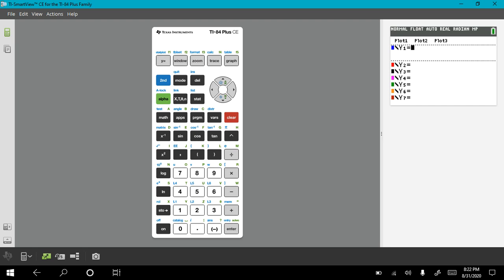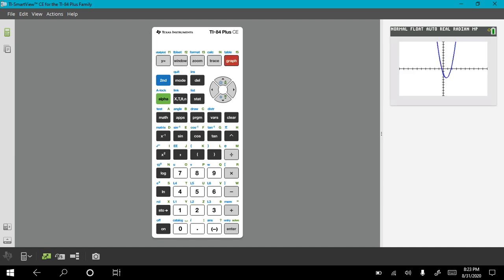Yes, 3x squared minus 4x minus 2. All right, we were looking at the graph, and there it is. Okay, it's kind of tough to tell where exactly that minimum is, what its ordered pair is. It's a little bit less than the x value of 1. I can tell that, but I'm not exactly sure.